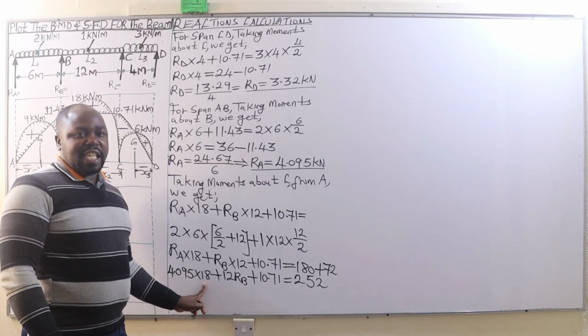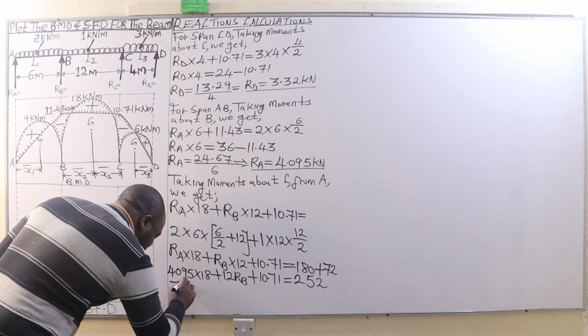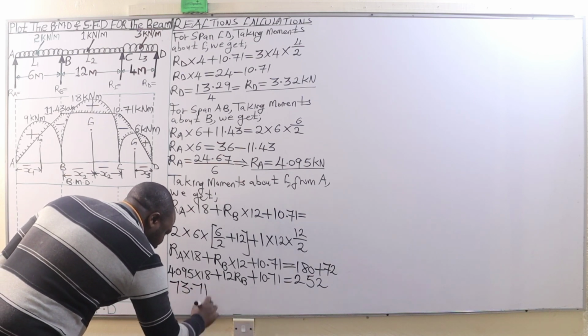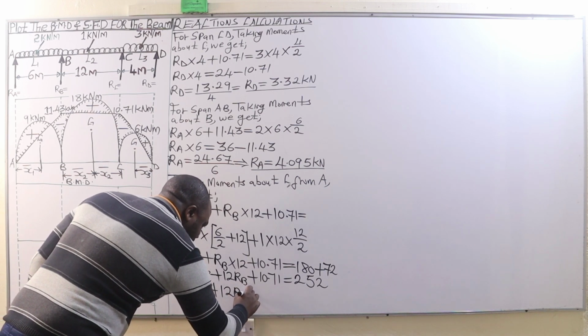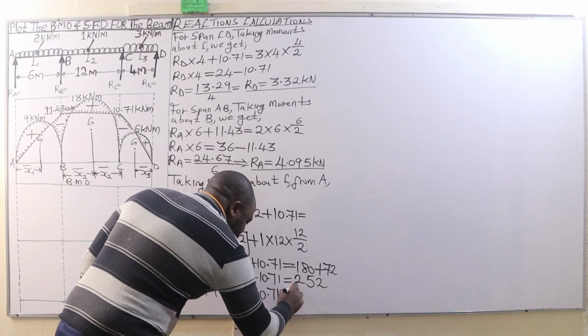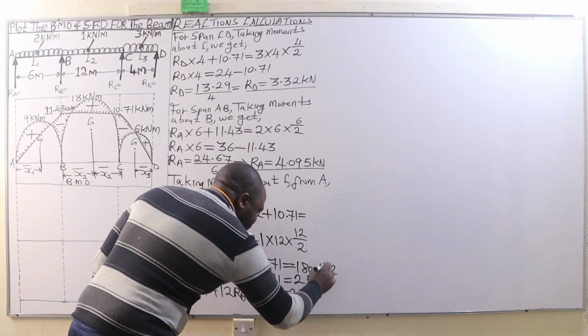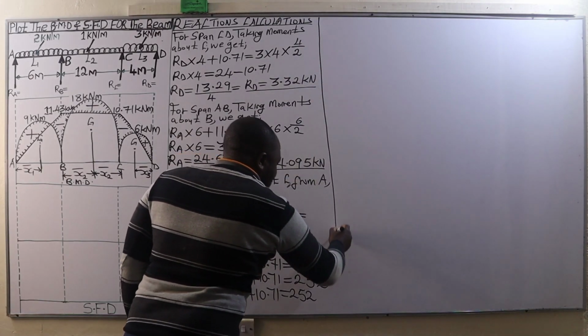4.095 times 18 is 73.71. So you have 73.71 plus 12 RB plus 10.71 is equal to 252. Very good.